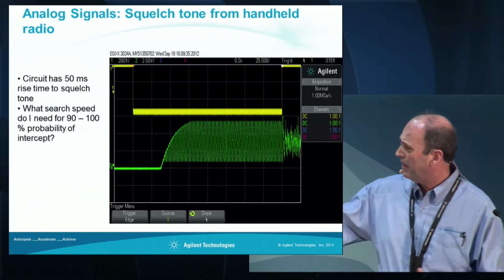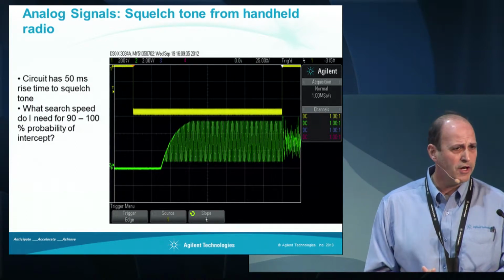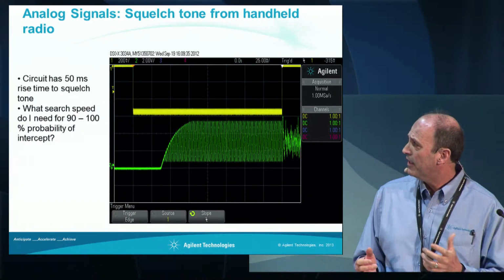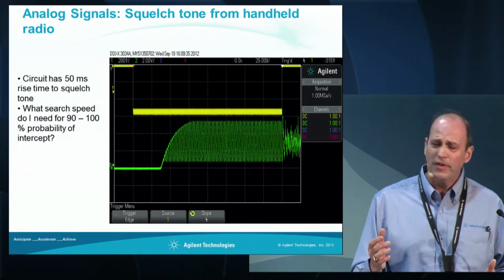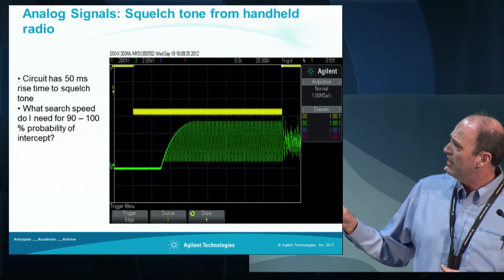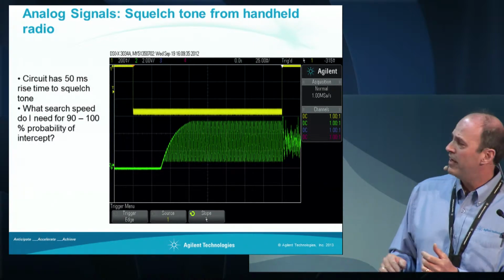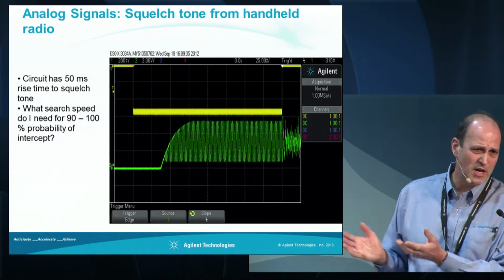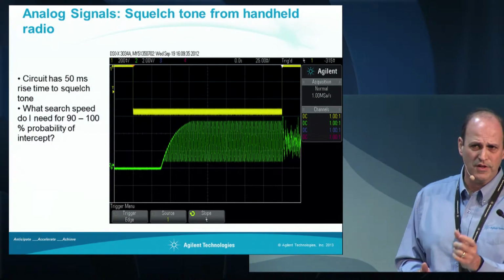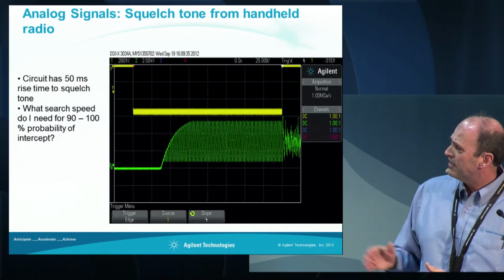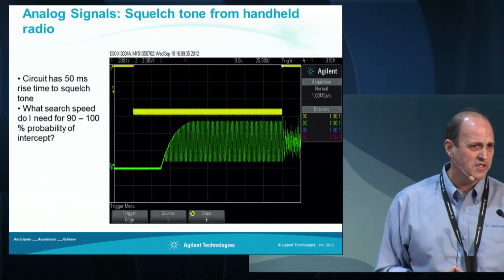Here, for example, say we had a signal around 300 megahertz where it gets keyed on, it's a squelch tone, and you can see that when the signal comes on, there's very narrow band modulation. It's like less than 100 hertz modulation, and it's rising up in about 50 milliseconds.